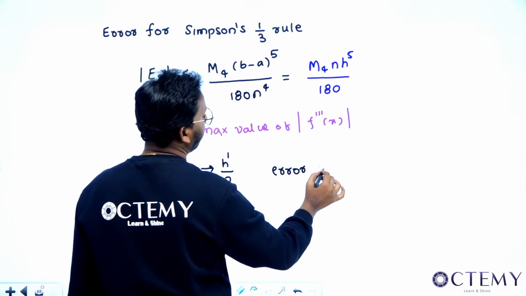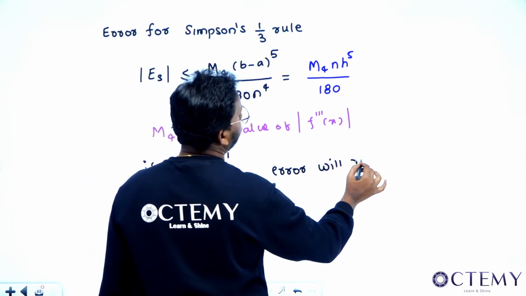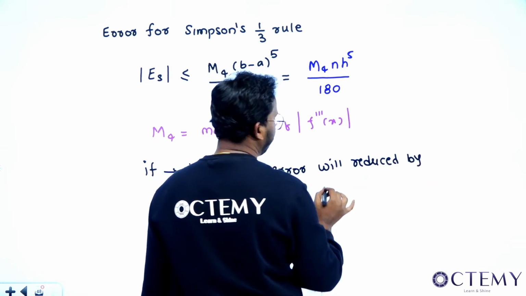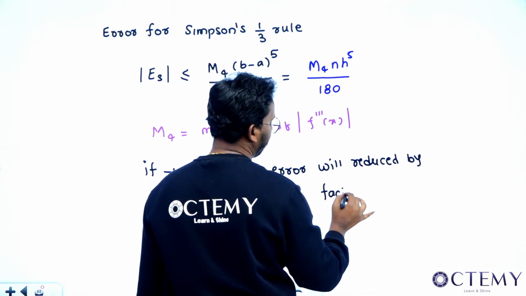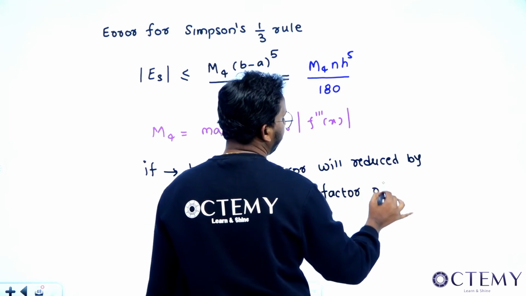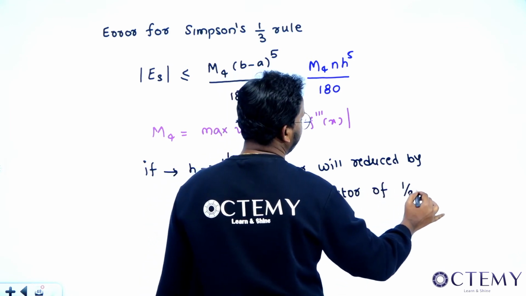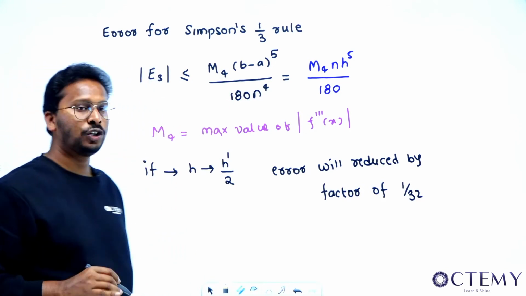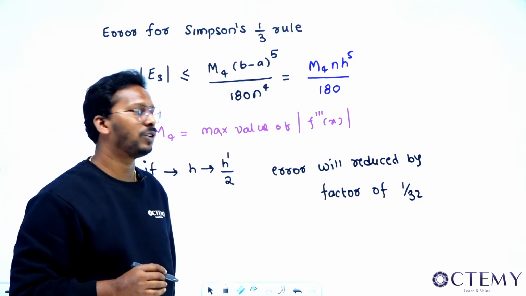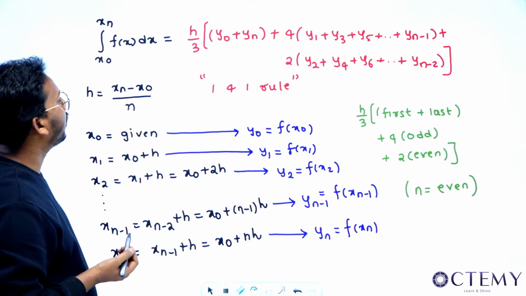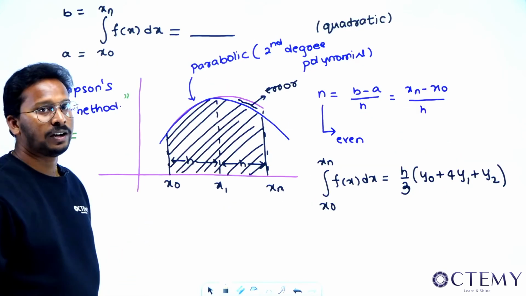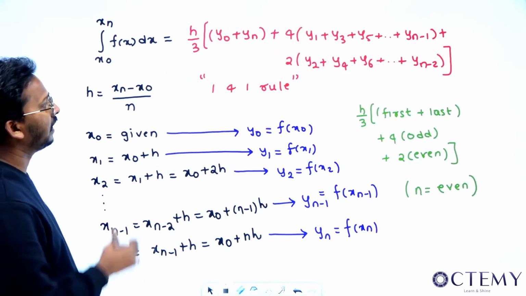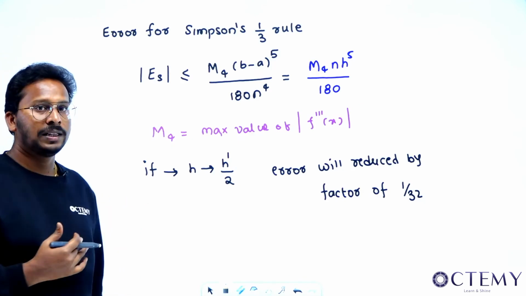The error will be reduced by a factor of 1 by 32, because h to the power of 5 is there. Previously there was h cube, so in the trapezoidal rule it becomes 1 by 8. So this will be more accurate when compared to your trapezoidal method, right? This is the formula for your Simpson's 1/3 rule and this is the error formula. You had better remember these things, sir.